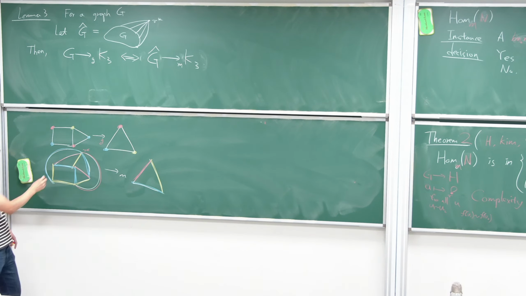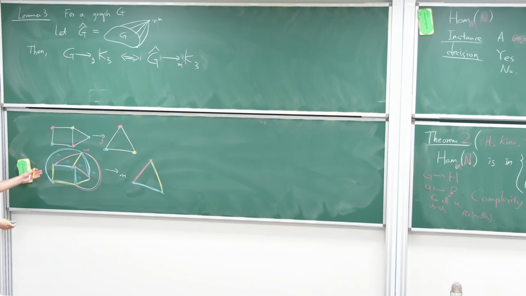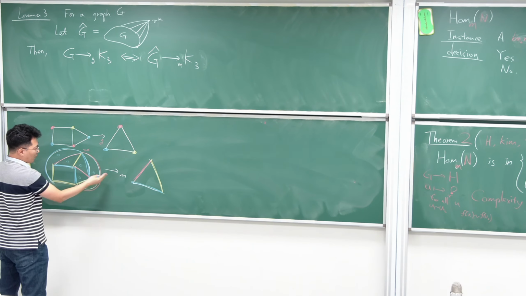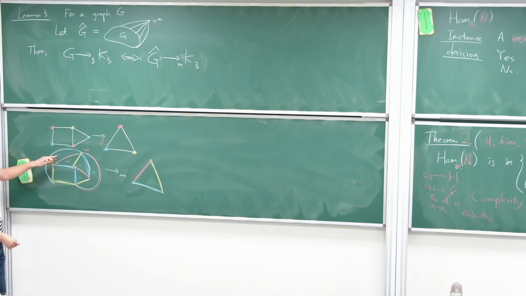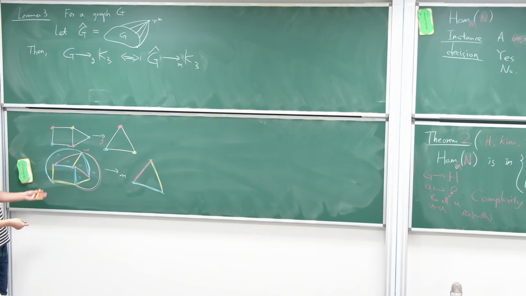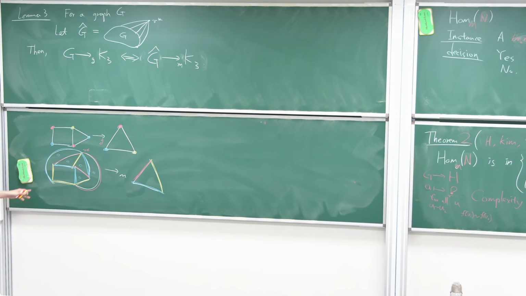The thing is, these cycles are fundamental cycles, and it's correct to be a matroid homomorphism. Every triangle has 3 colors, so it's a circuit of this graph. And for the last circuit, we get it for free.